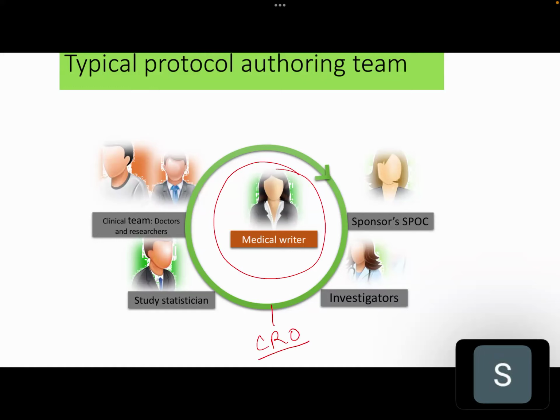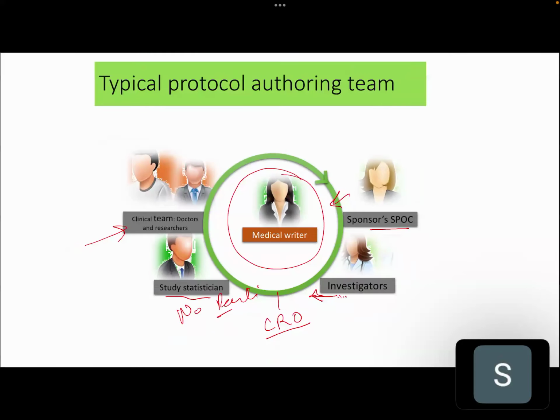There will be someone from the sponsor side, known as the sponsor POC. The investigator may also give you inputs, not all the time, but sometimes. The study statistician is a very important person; he will give you the calculation and all the important information like the number of participants. The clinical team, the physician, scientist, PK scientist, even a patent attorney, a legal person, will all help you write a protocol.